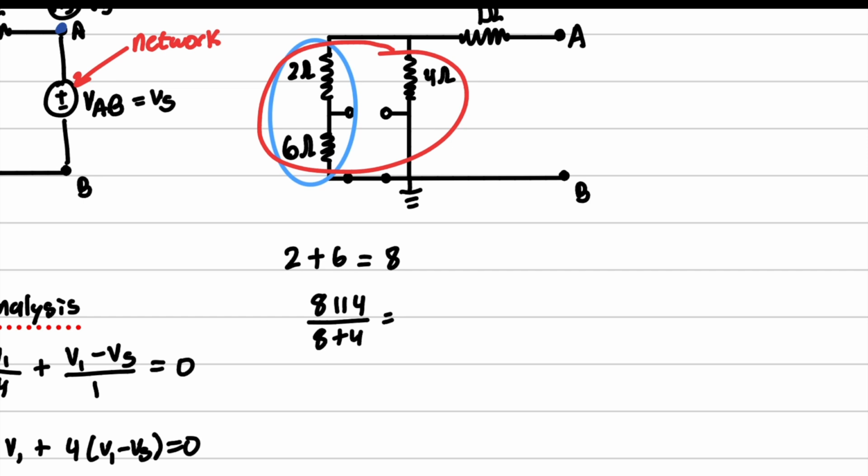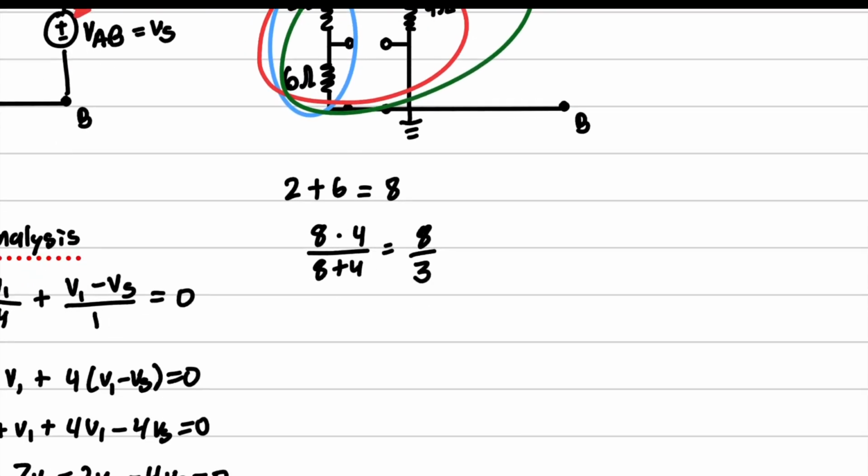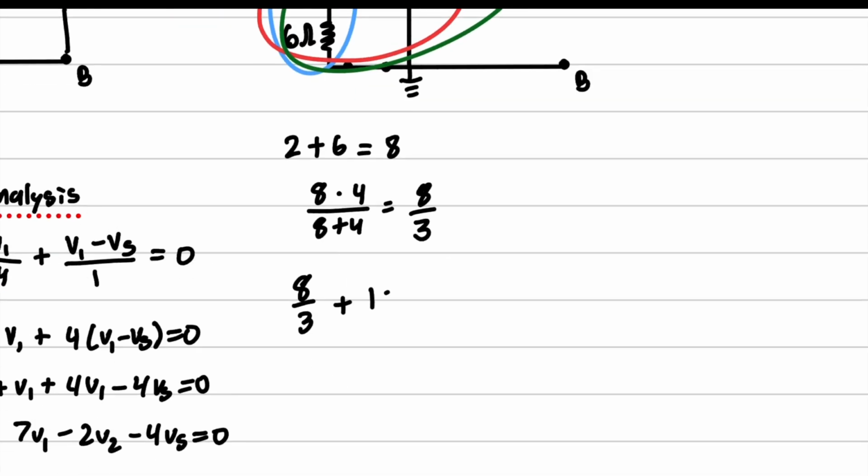Sorry, it's multiply. We plug this into the calculator and we get 8 over 3. And then we put that configuration in series, so 8 thirds plus 1 equals 11 thirds ohms. And that is the R equivalent.